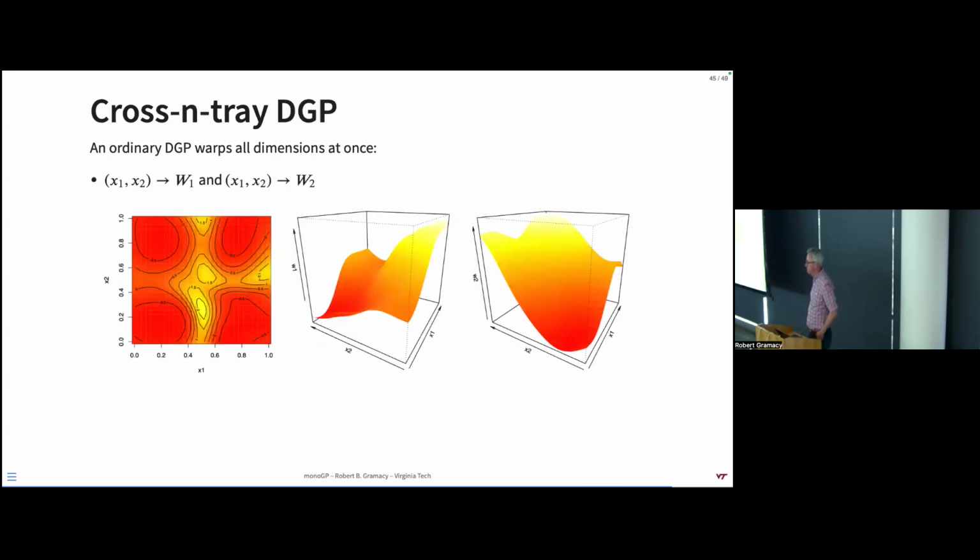Here's a two-dimensional example of this. This is a test case called the cross and tray function. It's a great test case because it has flat regions like at the corners of the quadrants, and it has steep regions at the cross in the middle of the input space. An ordinary deep Gaussian process is able to warp inputs x1 and x2 into w1 and w2 to learn that it's flat here and wiggly there, which an ordinary non-deep Gaussian process cannot do.